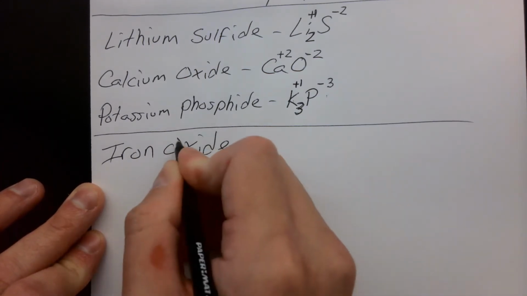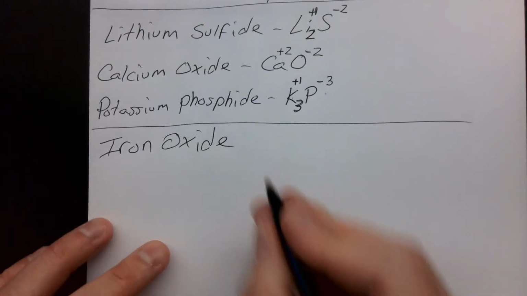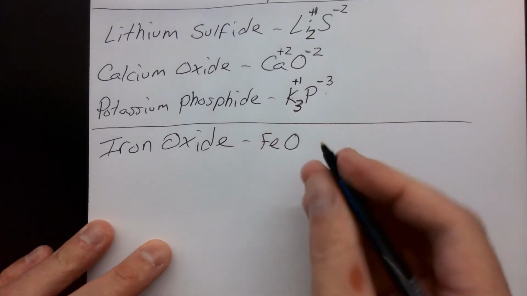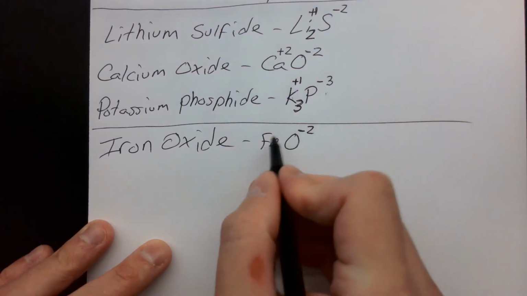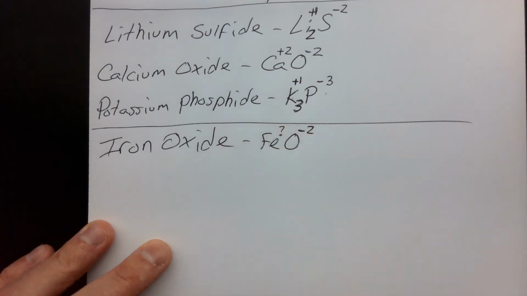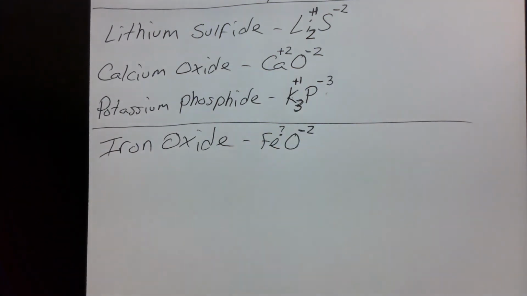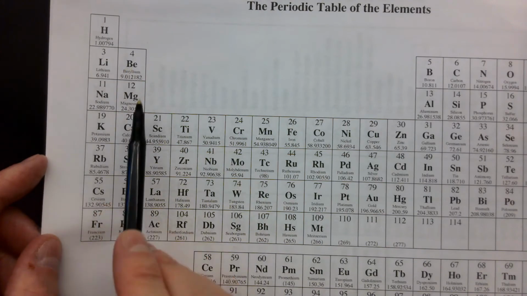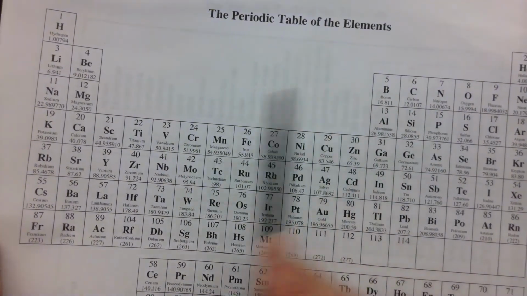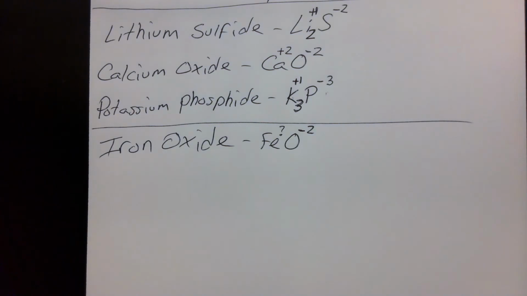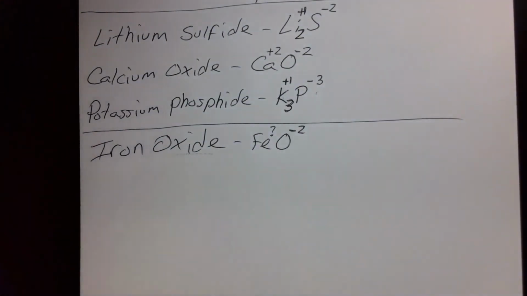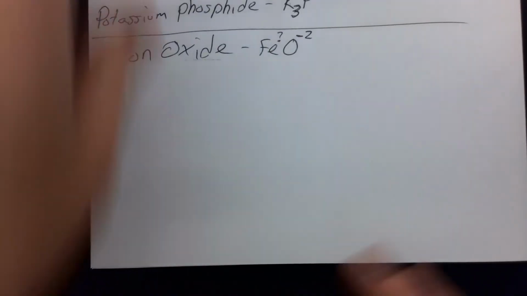You can't just ask me for the formula for iron oxide, because I'd say, okay, iron is Fe and oxide is O, oxide is a -2, and iron is a... I don't know the charge of iron. It's right here in this middle section. Mr. St. Germain taught me these columns, but he didn't talk about any of the stuff in the middle, so I have no idea how they go together. And you're right, you don't, and there's no way you could. So just the name iron oxide is not enough information to figure it out.